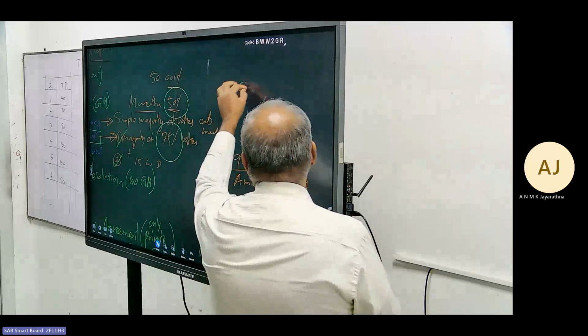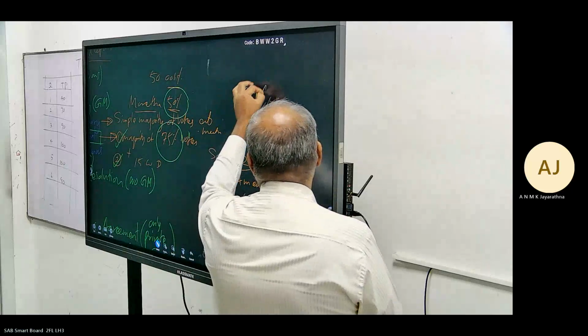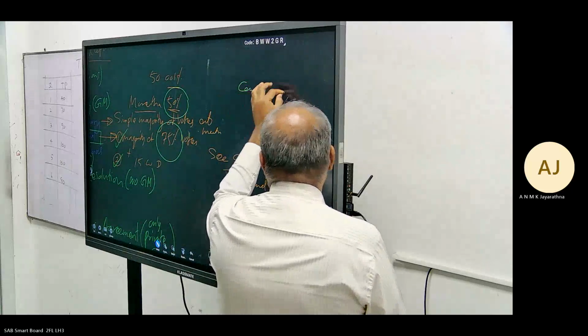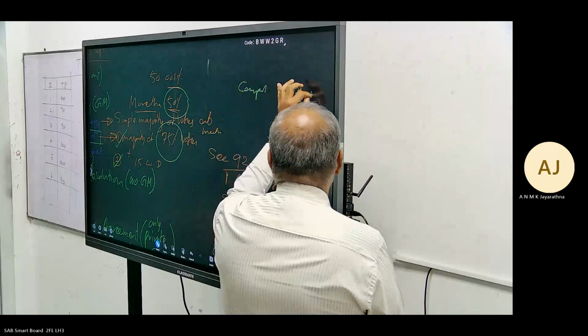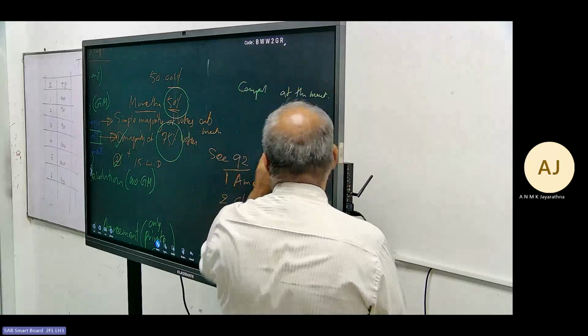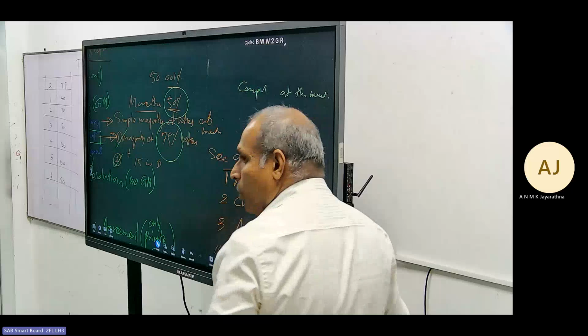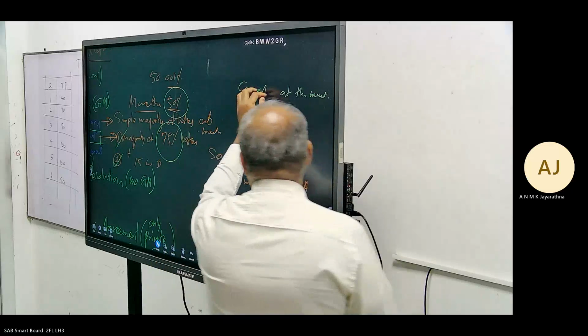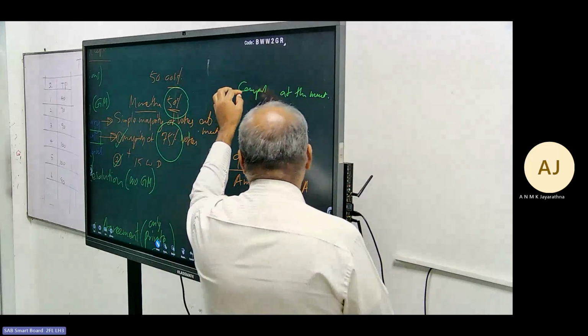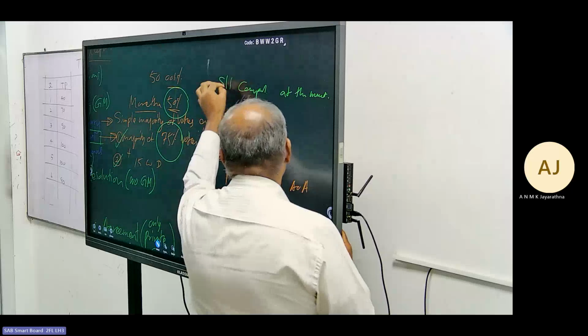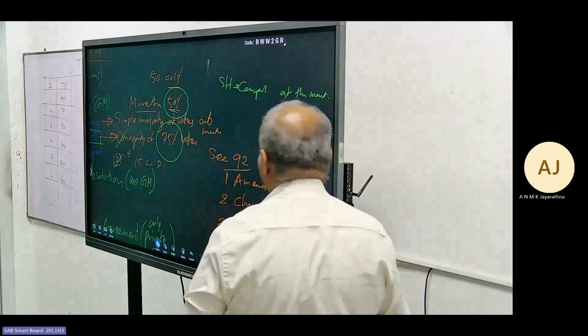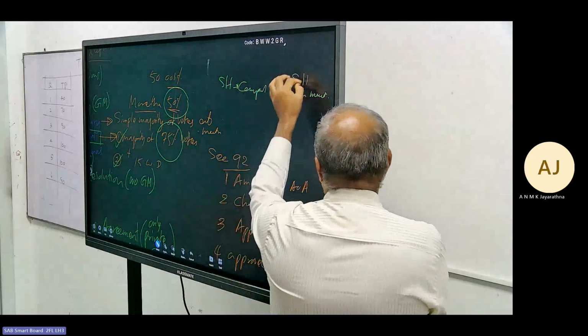When we consider the company and the meeting, right? 50% requires us to consider the shareholders of the company or the shareholders at the meeting.